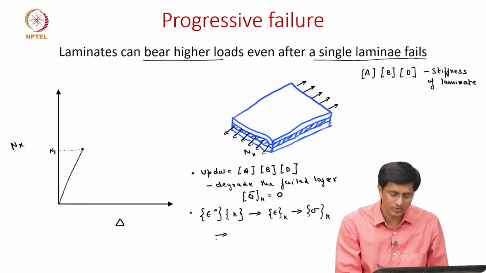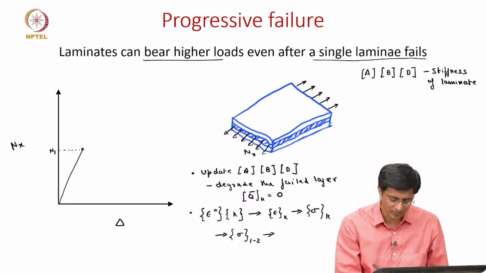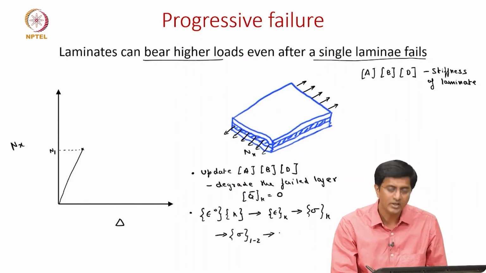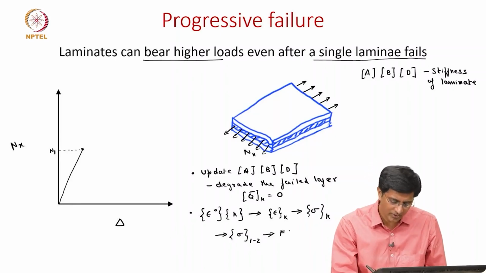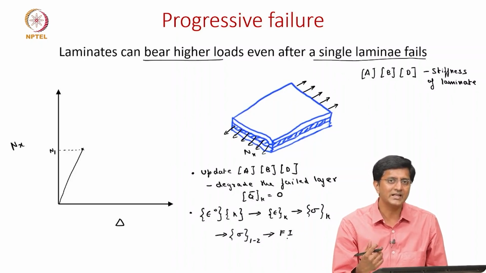Once we know the stresses in the body coordinates, we find the stresses in the material coordinates 1, 2. From these, we apply the failure criterion of your choice depending on the material used, and then find the failure index in each layer. Once we find the failure index, that gives us an idea about at what load the second layer will fail.